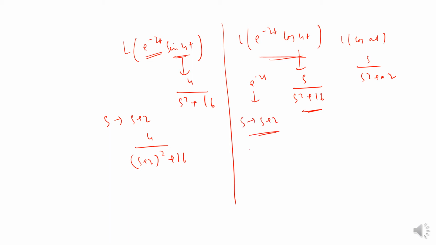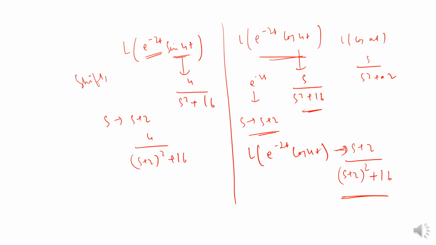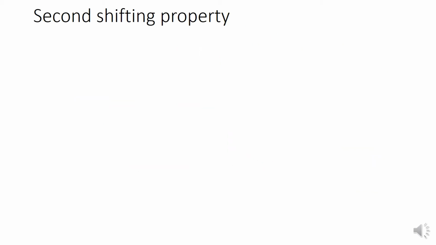So Laplace transform of e power minus 2t cos 4t is s plus 2 by s plus 2 whole square plus 16. I hope this is understood. These things are called shifting properties of Laplace transform. Now this is the one which we saw earlier.